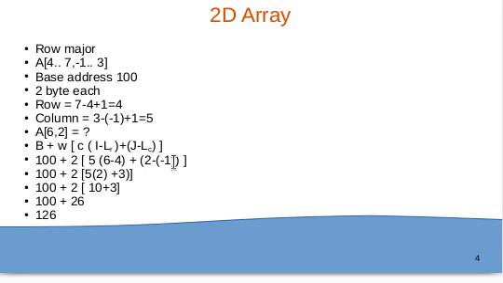So this is the equation. So 100 plus 2 into 5 into 2 plus 3, 100 plus 2 into 13, that means 26. The address will be 126.